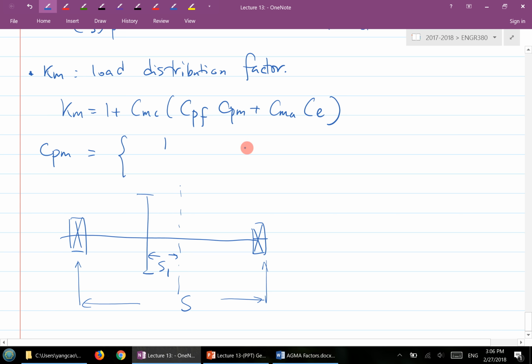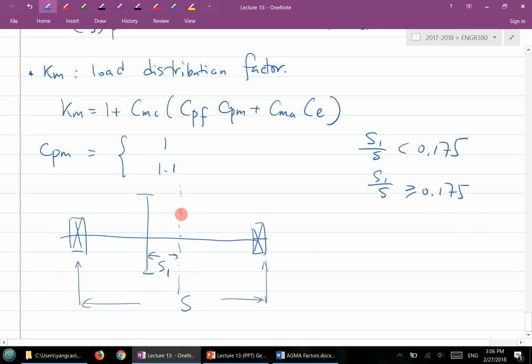You use 1 when S1 over S is less than 0.175, and 1.1 when S1 over S is greater than 0.175. So if it's far away from the center line, your CPM will be 1.1.